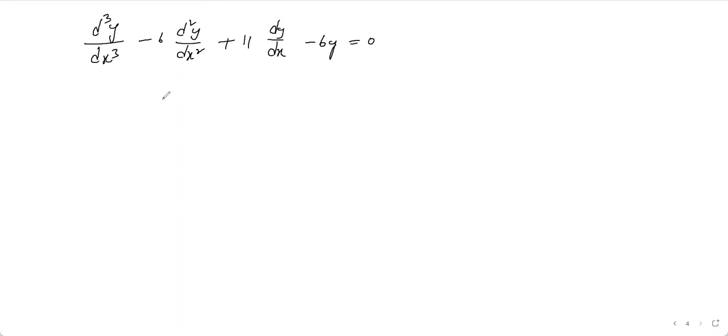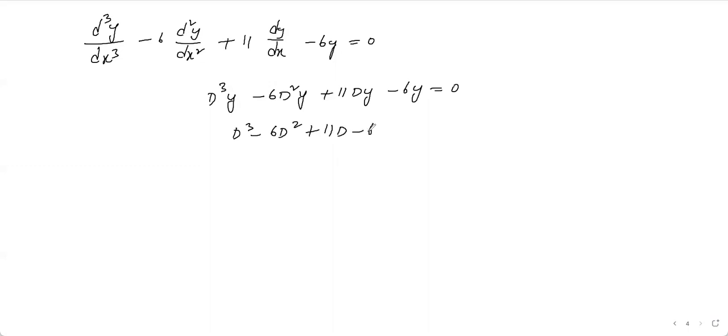Now, this can be written as D cube y minus 6 D square y plus 11 Dy minus 6y is equal to 0, or D cube minus 6D square plus 11D minus 6 into y is equal to 0.